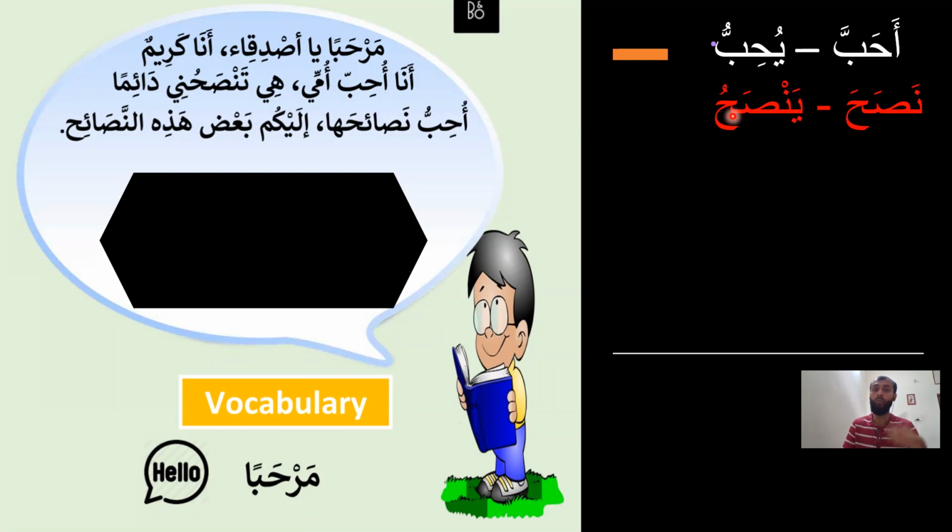So for ummi advises, I take yansahu and make it feminine by changing the front. Yansahu becomes tansahu. That's why I have tansahuni. Ni is a pronoun meaning me. So she advises me. Da'iman means always, all the time. She keeps advising me.